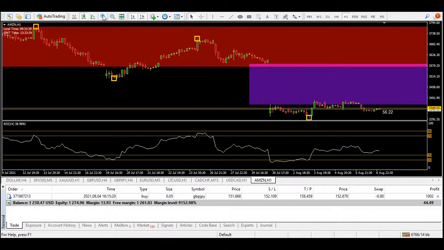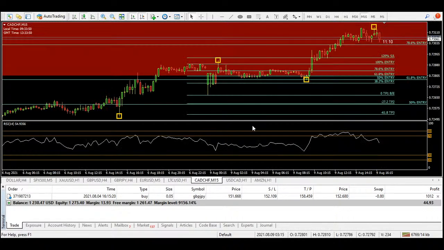Yeah, I was looking for some sales on this, but I don't think it had enough structure. Let me see. I think this would be a 4 hour. Negative 78.6 on 100% entry. Make it a double top.